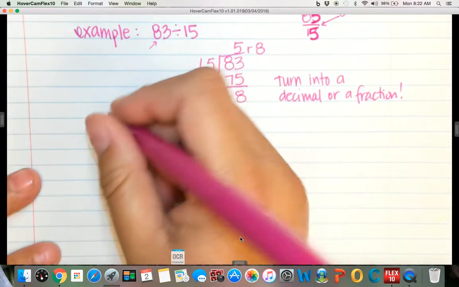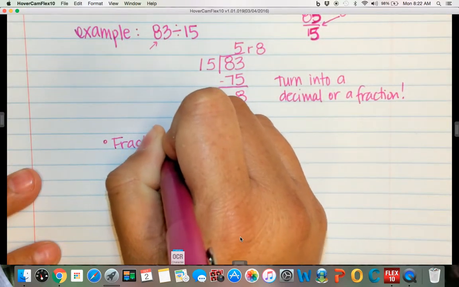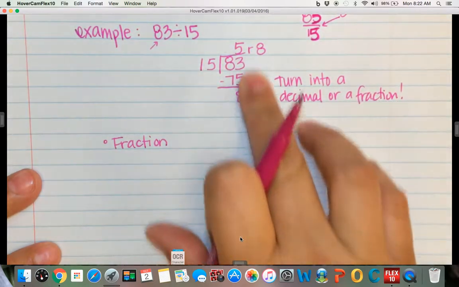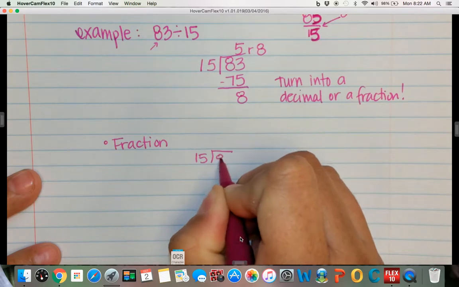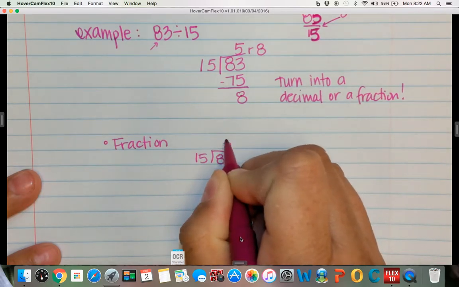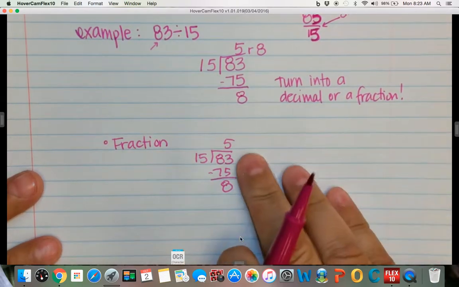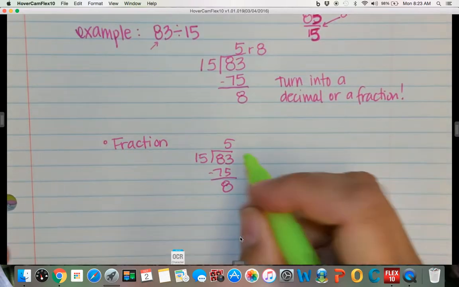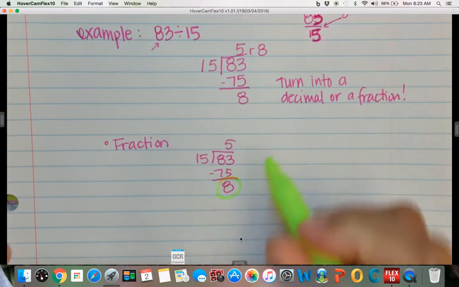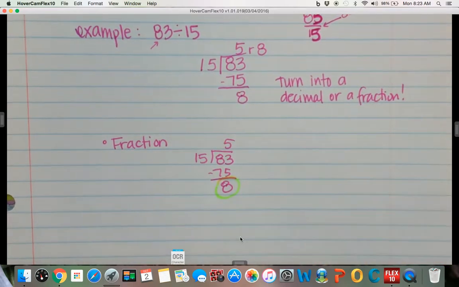So first we'll start with fraction. And I'm just going to rewrite this equation that I have up here to show you how to do it. And instead of writing R8, I'm going to take this 8, and that 8 means that I have 8 pieces that I need to make a group of 15.